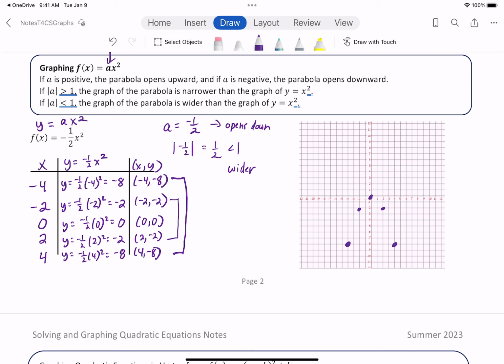And I'm going to look and see if it looks like it's matching what we said. It does look like it's opening down. And you can see it does look more wide than that original parent graph. So I'm just going to connect my points. And that gives me my parabola.